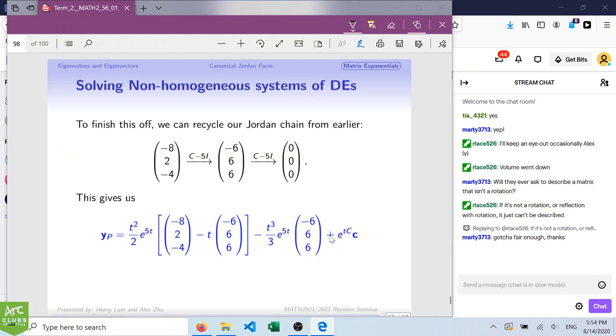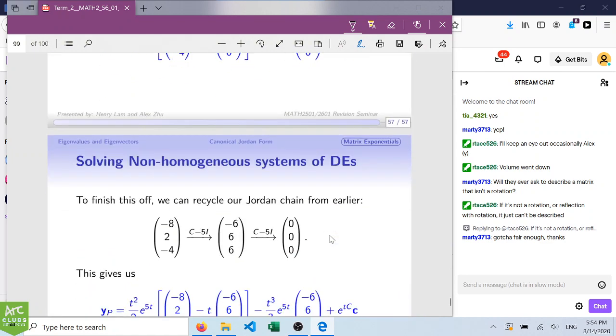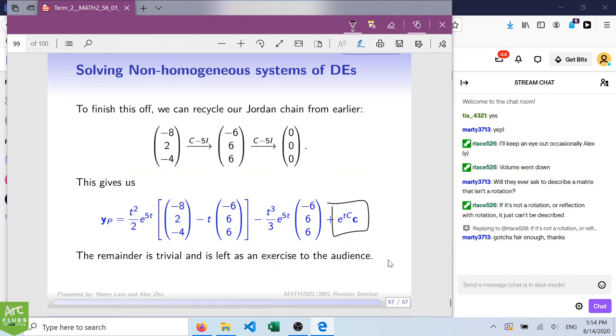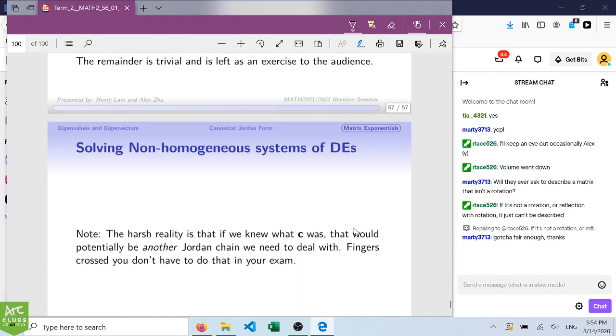That's pretty much it. We don't really know what e to the tc times c is, so we'll just leave that, but this is one particular solution where c is any constant.